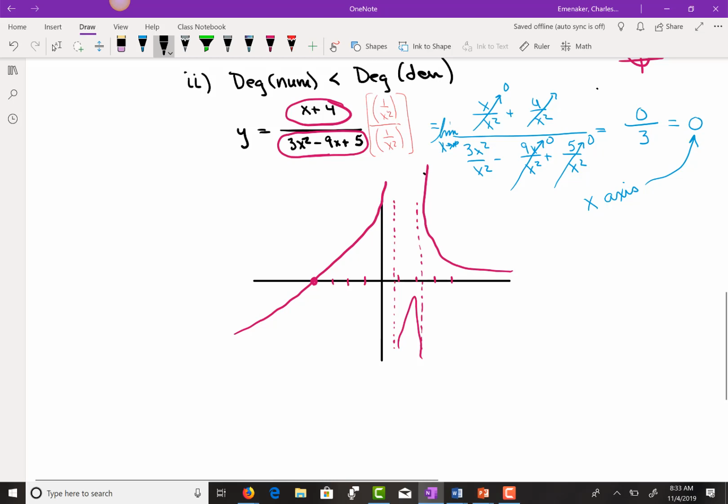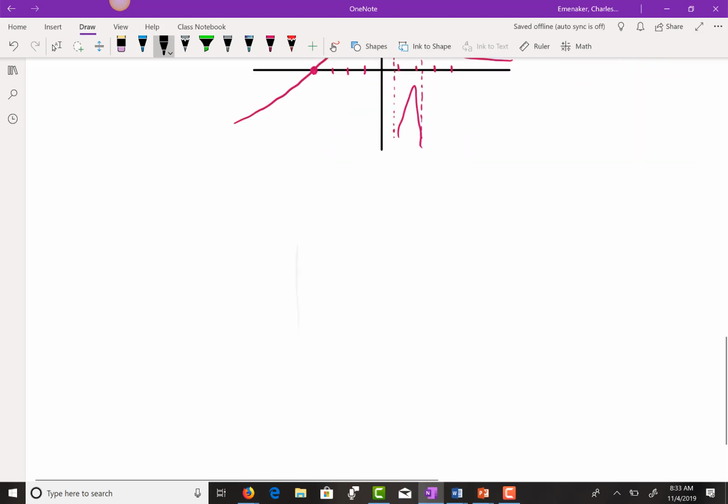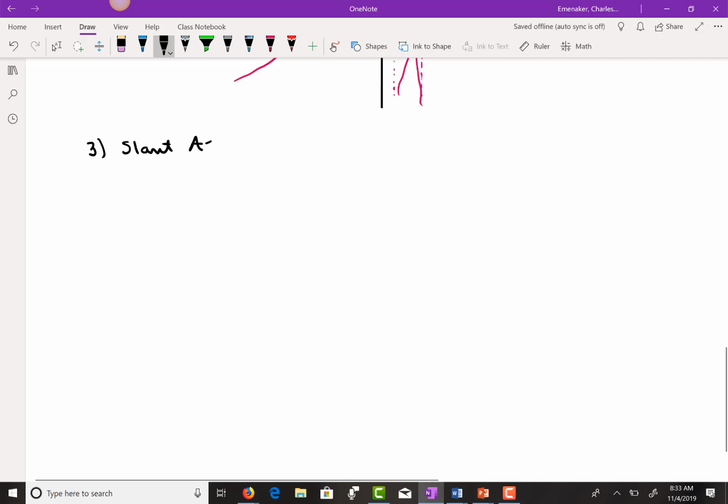And with a slant asymptote, what you wind up with is a scenario where the numerator is exactly 1 degree bigger than the denominator.